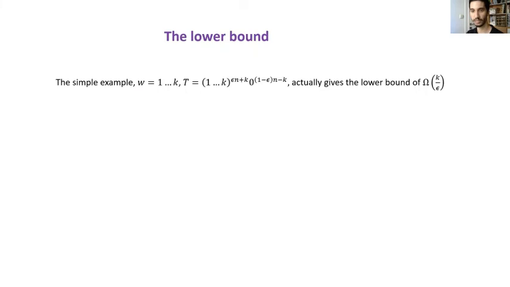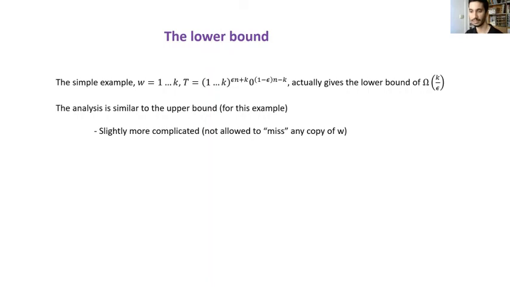Turning to the lower bound, we can observe that the simple example where W is just 1 up to k and T contains many consecutive repeating copies of W and the rest zeros actually gives the lower bound of k over epsilon. The analysis here is similar to the upper bound analysis for this example, but it is slightly more complicated. As in this case, we are not allowed to miss any copies of W, and we have some edge cases that need to be handled carefully.